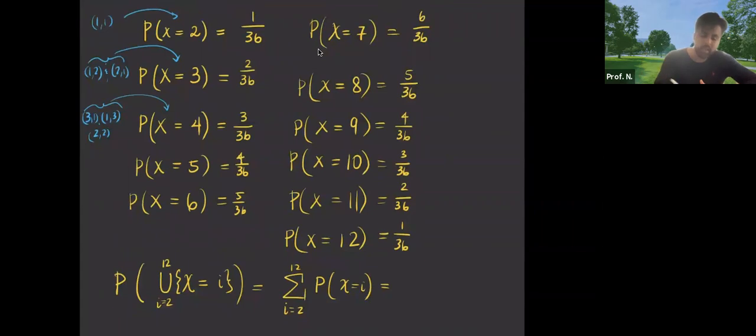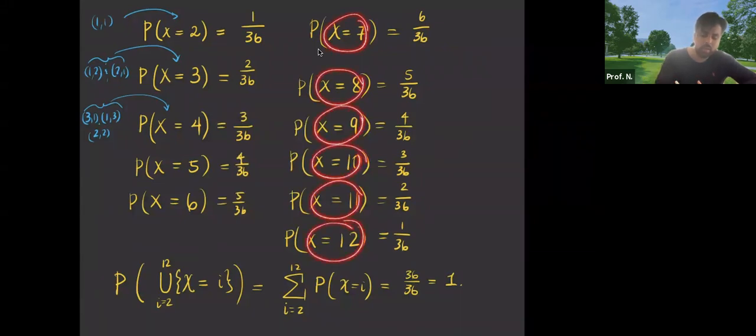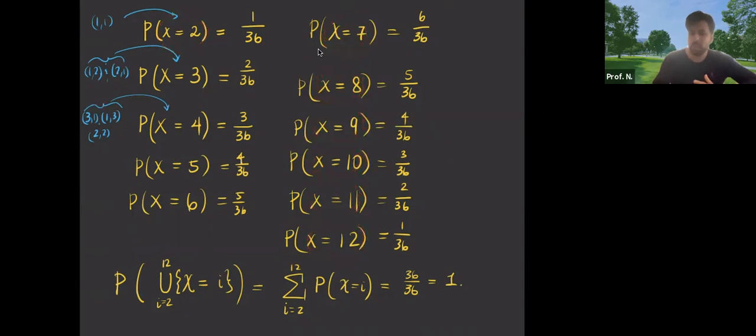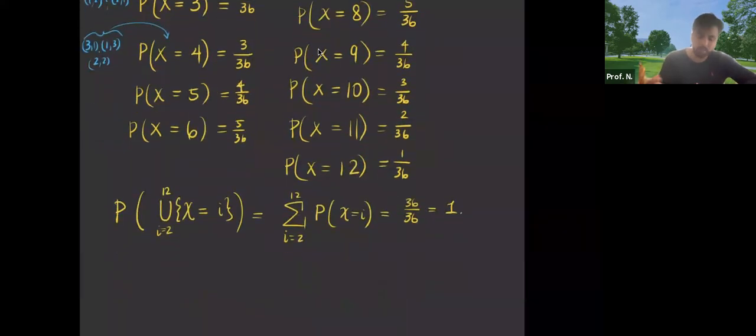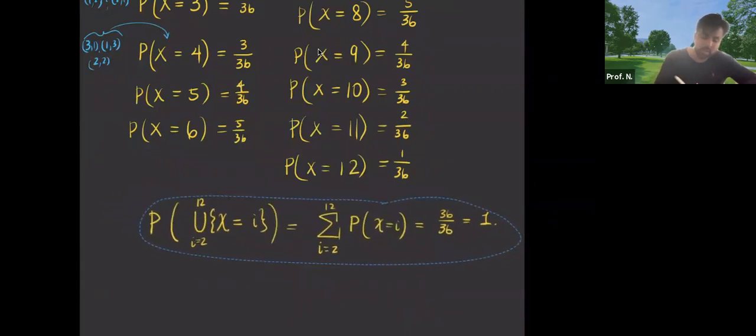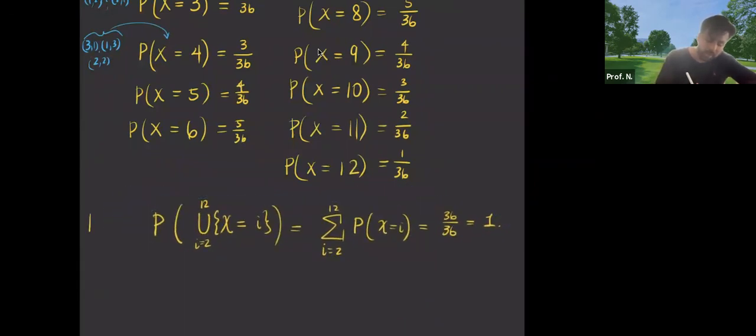So the probabilities when you add these all up should give you 36 out of 36, which is 1. That makes sense because when you put all of these random variables together and union them, you're representing the whole sample space. And we know that the probability of the sample space is 1. So we're saying something we should already have imagined.